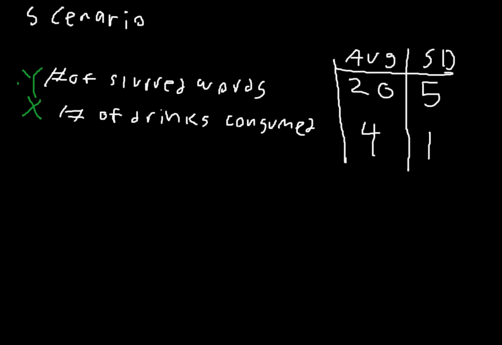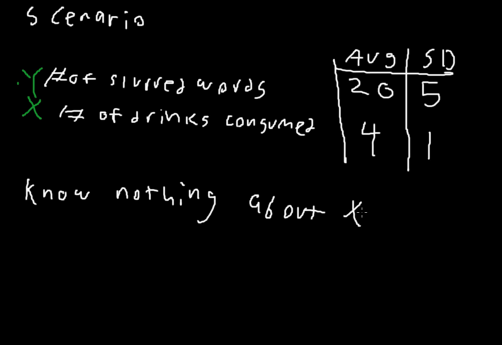So now, suppose I know nothing about x, hypothetically. But I want to do something with y, and I ask you what percent slur more than 30 words? Well, we know how to do that.